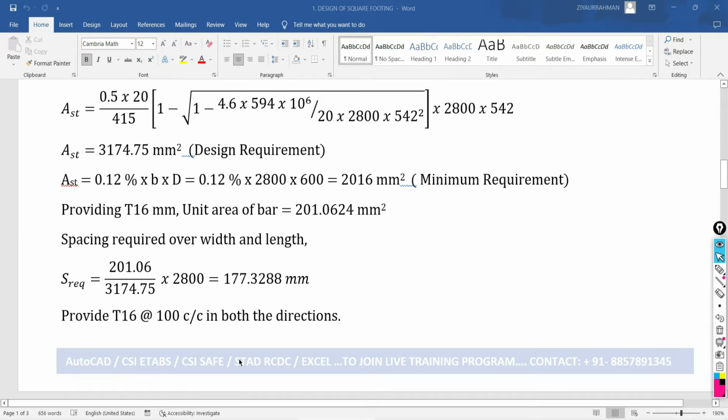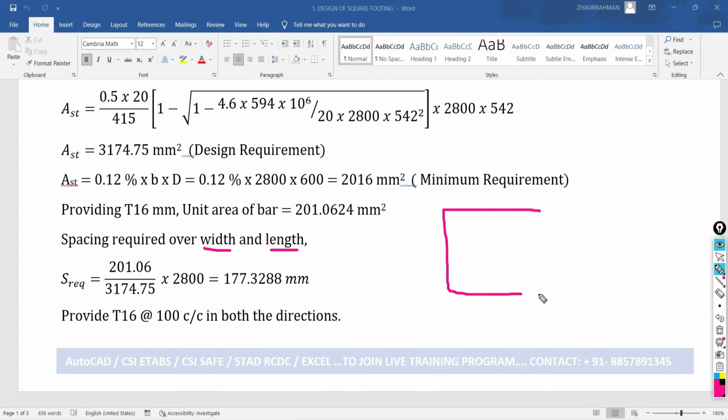Here our objective is to find out how much spacing is required. The spacing required is for both the width and length directions, because we are dealing with a square footing, so the calculation holds for both directions.